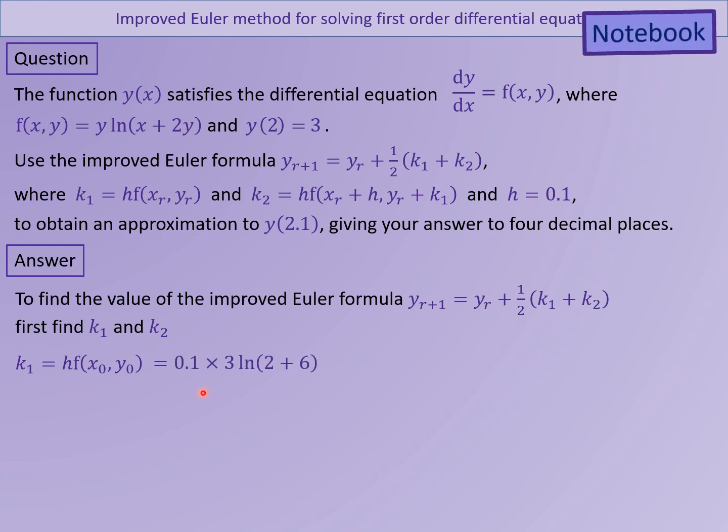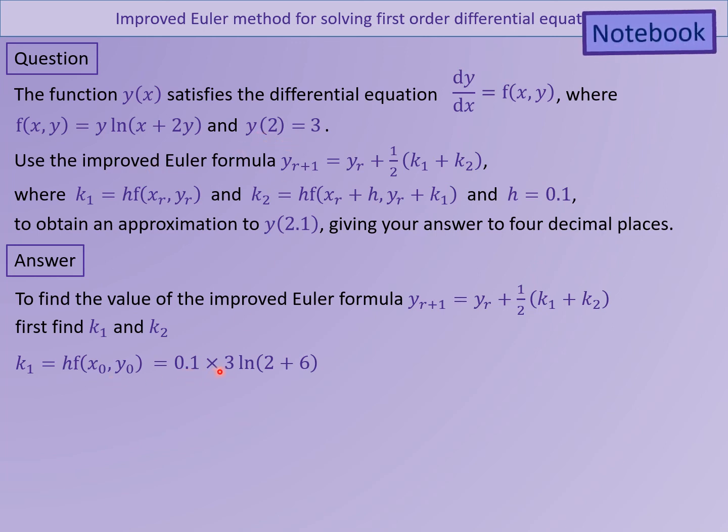So to work out k1, I'm doing 0.1, which is my h value, there you go, fill that in, times by the gradient function for my first x and y values. Now I know that y is 3 when x is 2. Okay, and that's what's coming here.